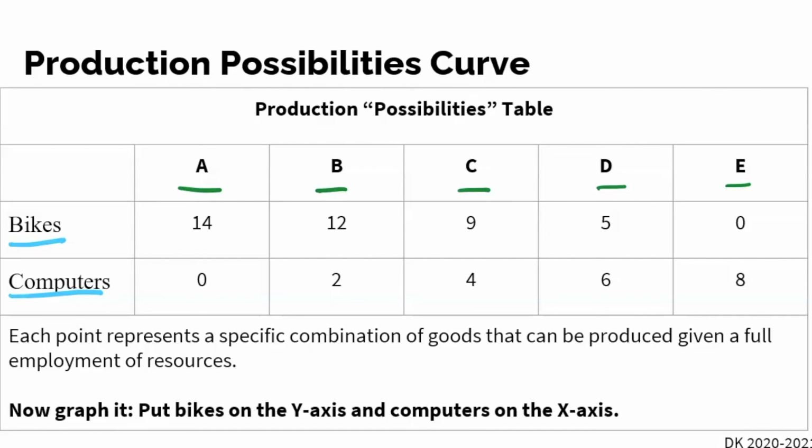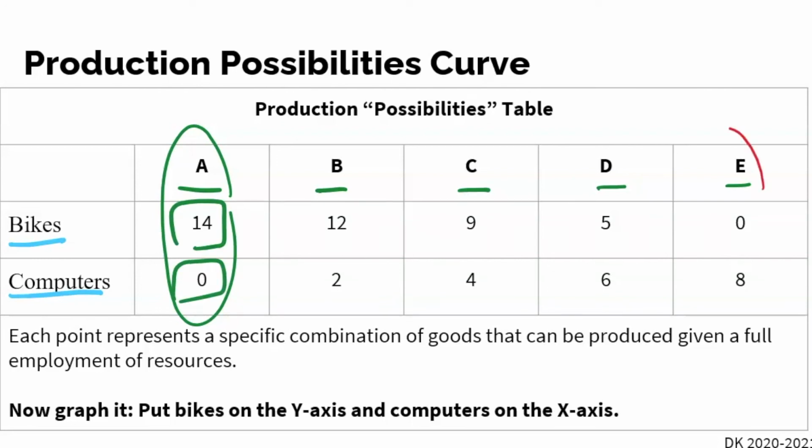What this table is trying to show us is that if this hypothetical country is producing at point A, that means they're using all their resources for the production of 14 bikes and 0 computers. On the other hand, if they're producing at point E, they're pouring all their resources towards the production of 0 bikes and 8 computers.